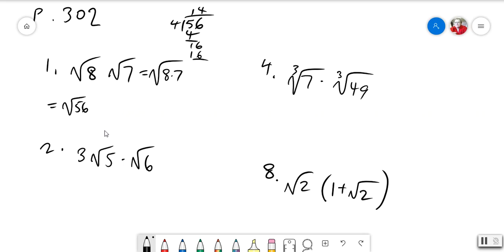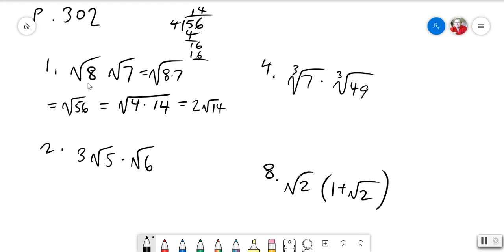So you would have 4 times 14, which is 56. The 4 comes out as 2 root of 14. That would be one way you could work it.